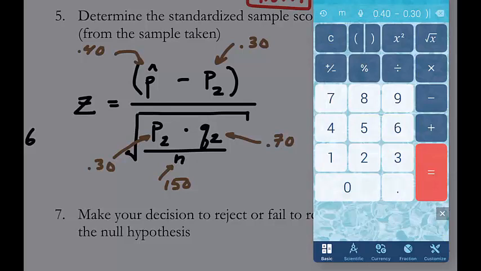Now what we're going to do is divide that by the square root. I'm going to end up taking the square root of that. Let me back up just a little bit. Yeah, so let me start off with parentheses, then I'm going to root that. So it'd be 0.3 times 0.70 divided by 150.